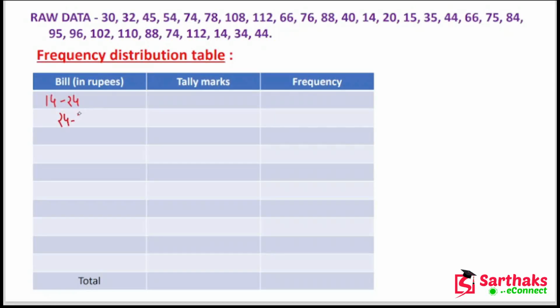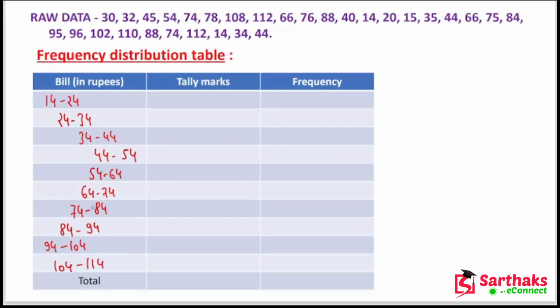Then it should be 24 to 34, then 34 to 44, then 44 to 54, then 54 to 64, then 64 to 74, then 74 to 84, 84 to 94, 94 to 104, and the last one was 104 to 114.